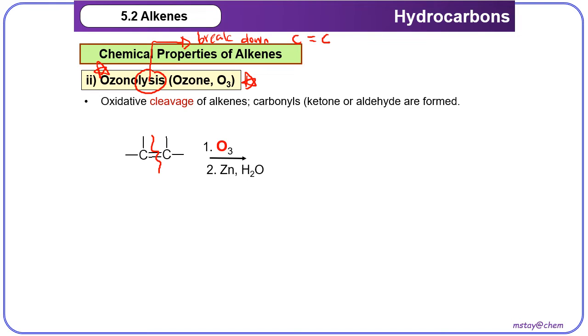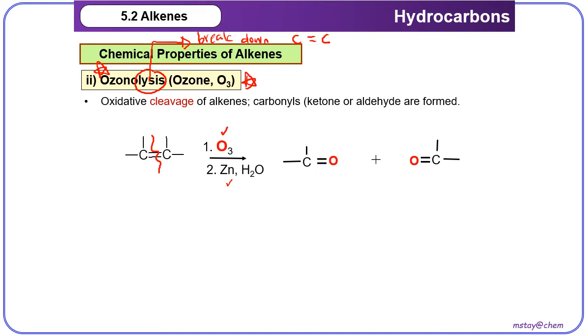So in ozonolysis, step one, we pass through the ozone first, followed by zinc in the presence of water or acidic medium. Then it breaks down the double bond, and at the double bond you just add on an oxygen like this.